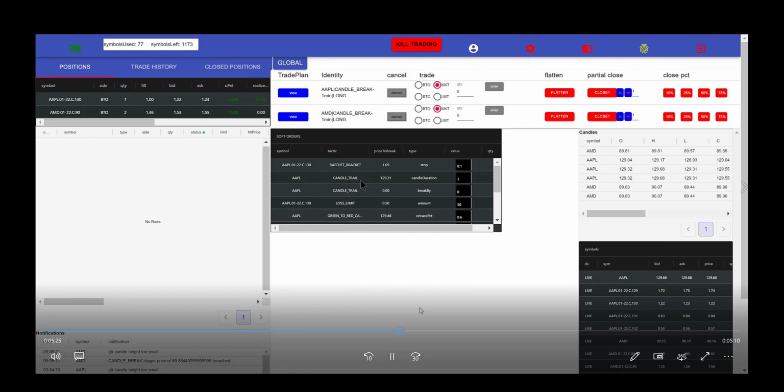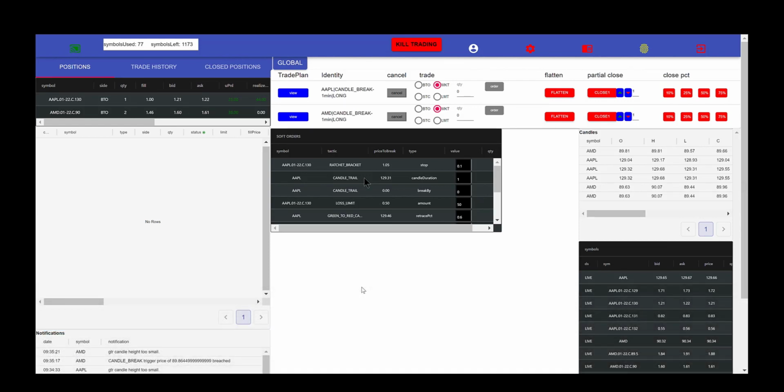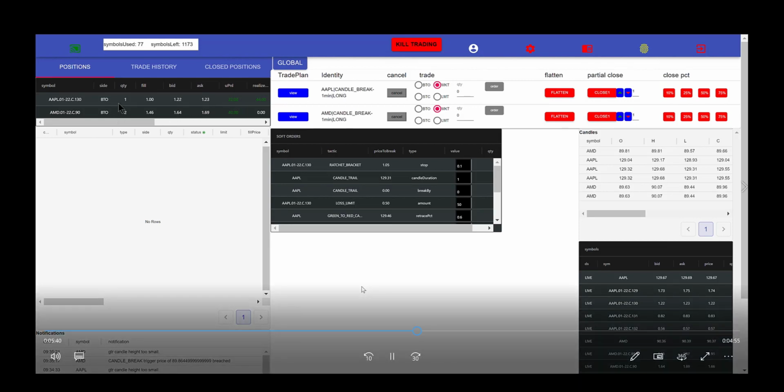So he's looking at a 1-minute candle to see if the previous 1-minute candle's low gets broken, and that's going to be an exit, that he'll flatten the position at that point. But right now he's still got 1 Apple contract and 2 AMD contracts, and they're both in the green. So he's just letting them run.